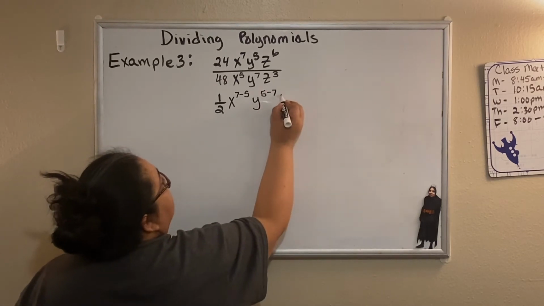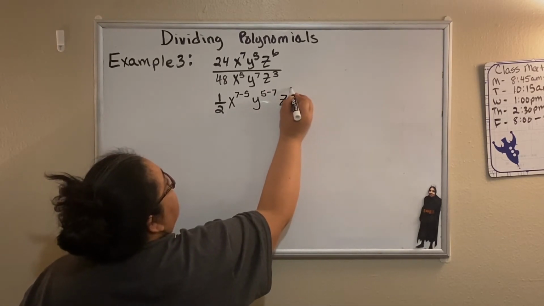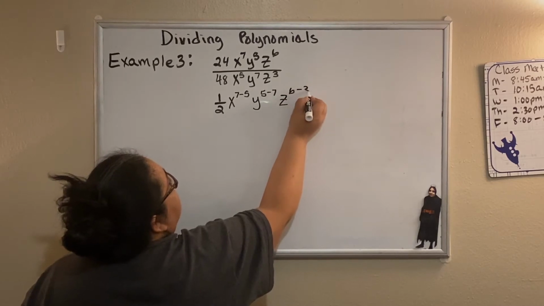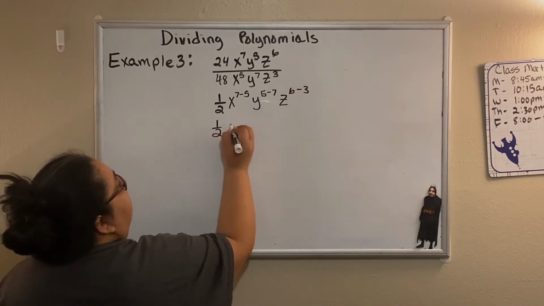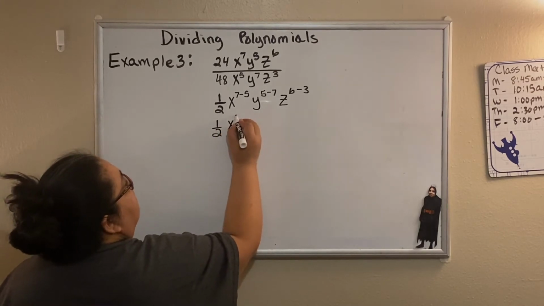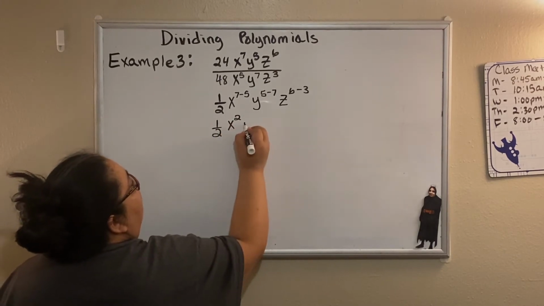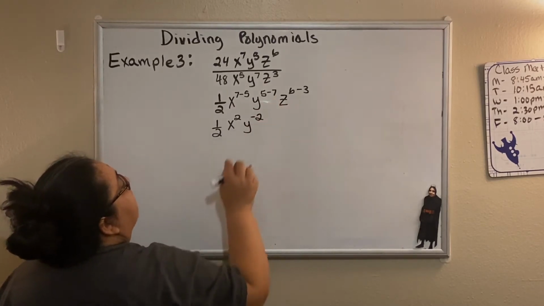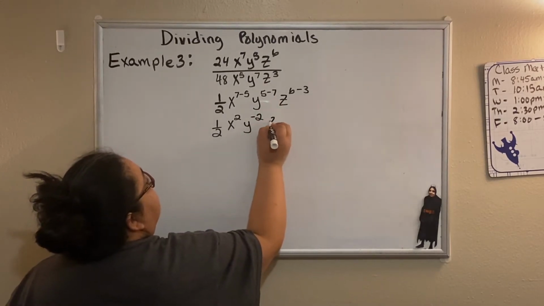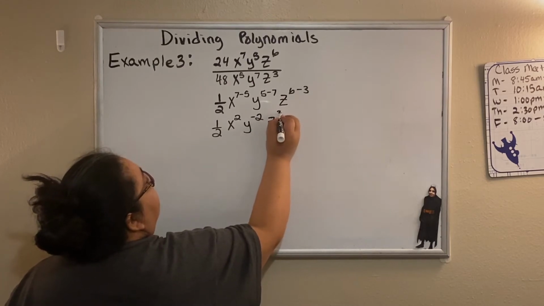And now we're going to do the same thing to z, and z, we're going to say z to the power of 6 minus 3. And now we simplify. This is 1/2 x to the power of 2, y to the power of -2, 5 minus 7 is -2, and z to the power of 3.